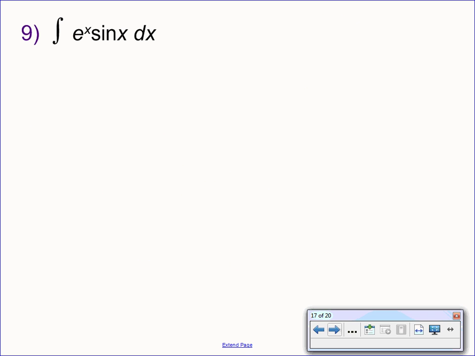All right, so what happens when our u priority gets murkier and murkier, based on our LIATE, which I attribute to my AP Calculus teacher in BC back in high school? LIATE, who are we going to choose for u and dv in this one?